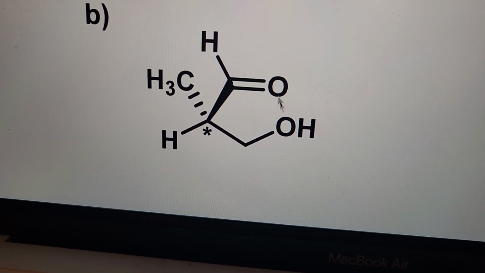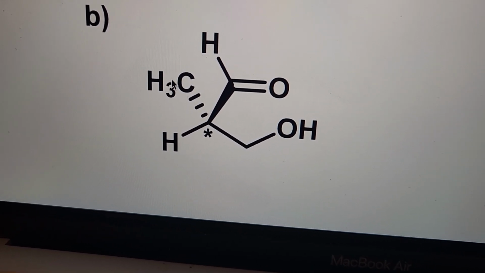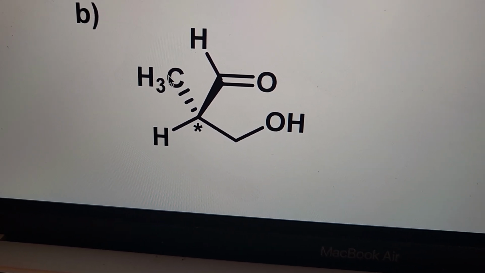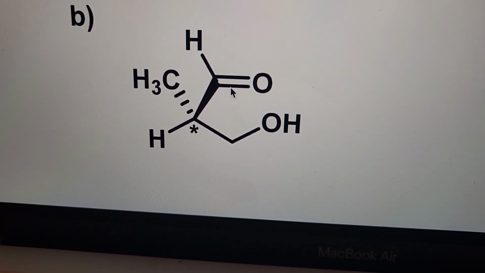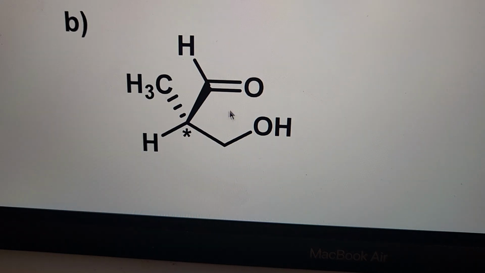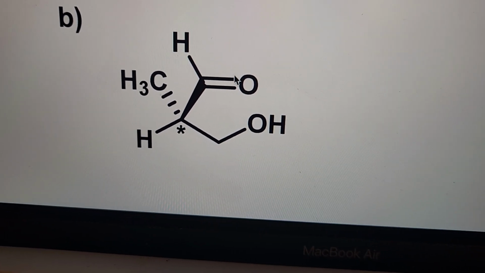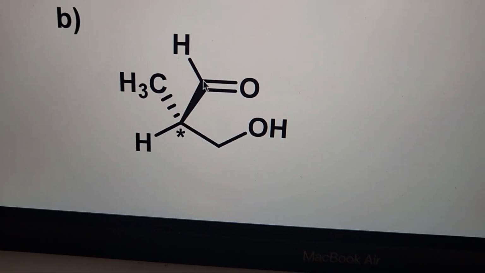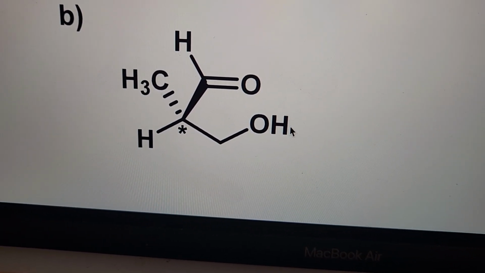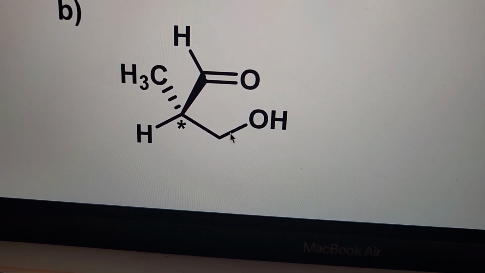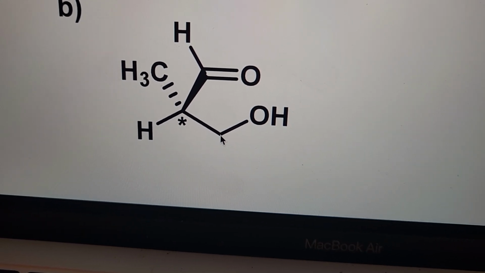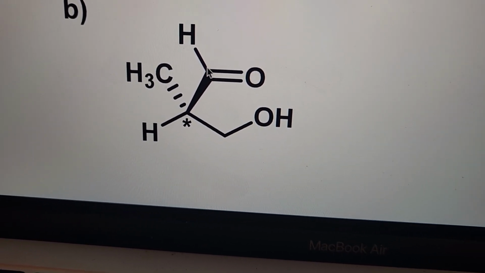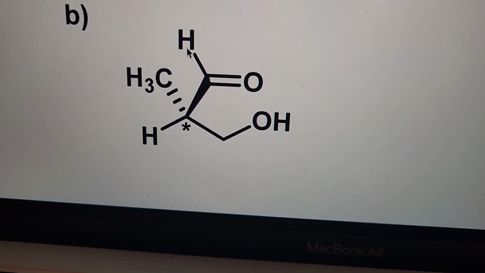So we know that this one is going to be 3 because O is much larger than C. We know that since this O has a double bond, it will weigh less because this OH has a single bond requiring this carbon to have 2 more hydrogens attached to it, versus this carbon only has 1 more hydrogen.